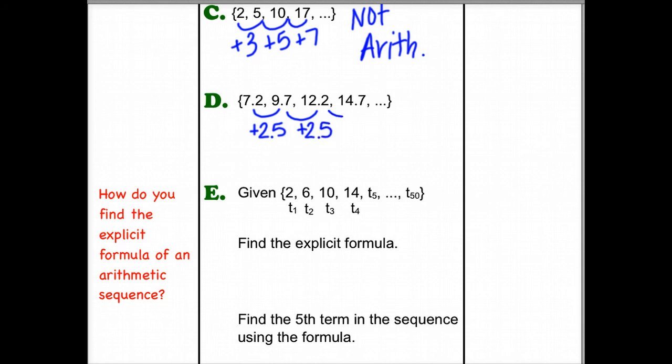If I add 2.5 here, 12 plus 2 is 14, and 0.2 plus 0.5 is 0.7, so plus 2.5. So yes, this is arithmetic, and the common difference is 2.5. For t sub 5, if I add 2.5 to 14.7, I get 17.2.